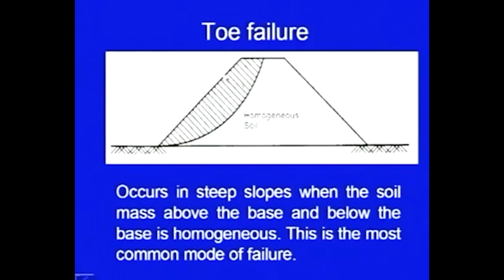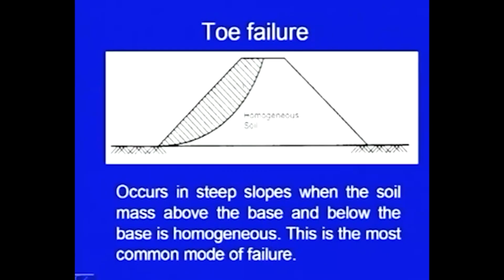In the second case, toe failure. Toe means this point is termed as toe, this is the toe of the slope. Failure surface is again circular, but the circle now passes through the toe of the slope, and it occurs in steep slopes when the soil mass above the base and below the base is homogeneous.